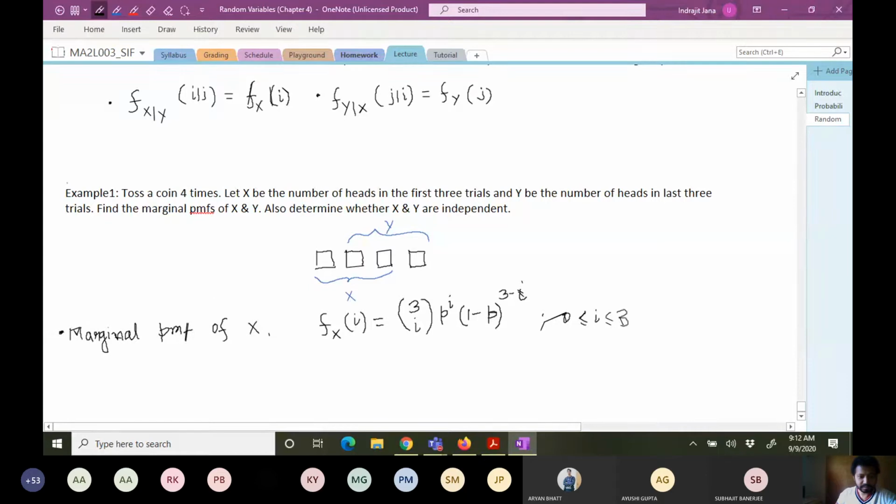By the way, I forgot to mention that the probability of getting a head for this coin is p.